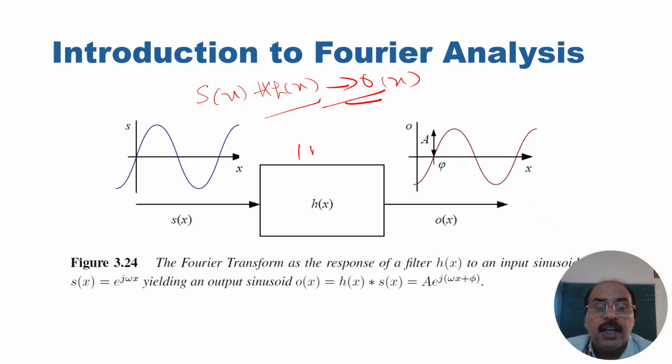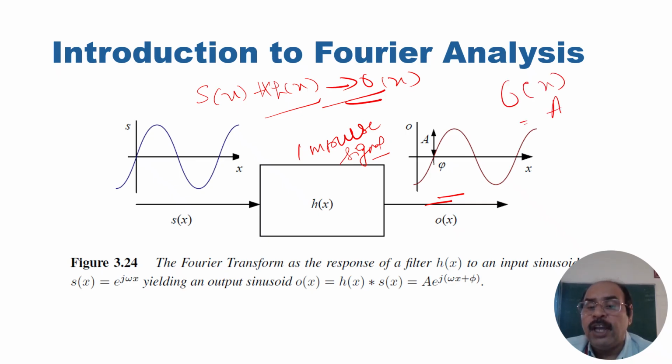This is an impulse signal, right? And the output, O of x, is equal to A sine omega t plus phi naught. Okay. This is how this signal is represented.